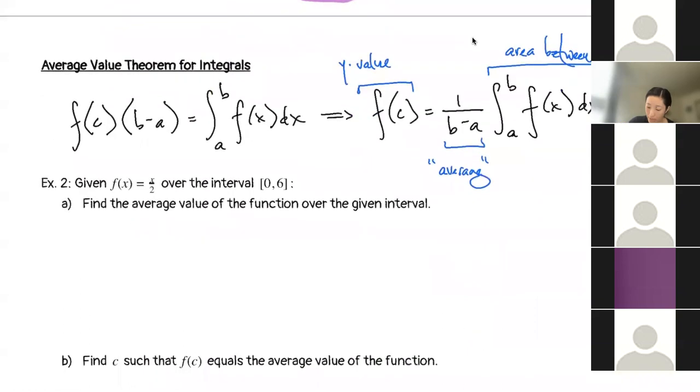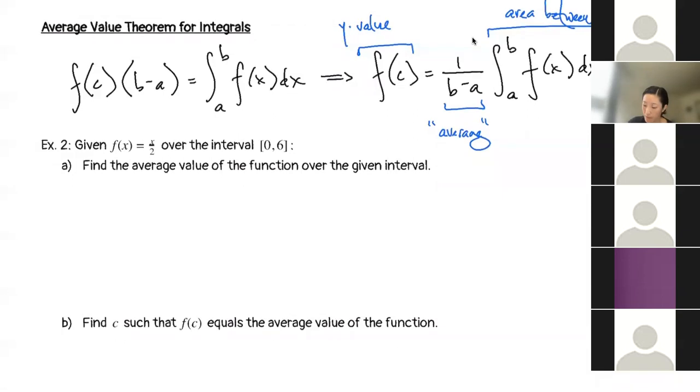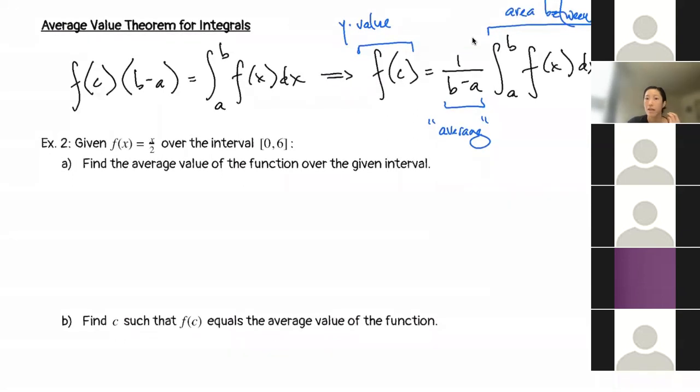So now that we have our average value theorem for integrals, let's go ahead and practice it in a scenario where maybe we don't have pictures, but we're thinking about how to actually apply the formula, okay? So I think it's important to think about not just the concept, but also the procedure and making sure those two are really connected.